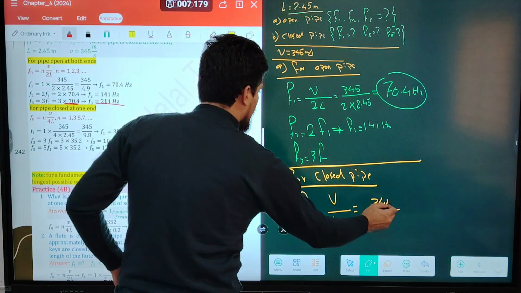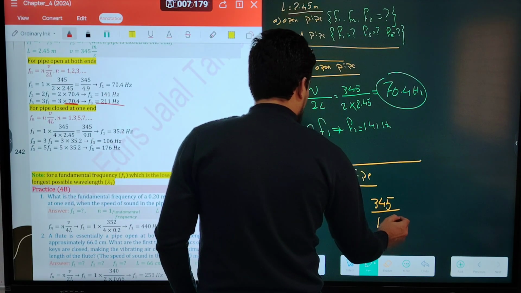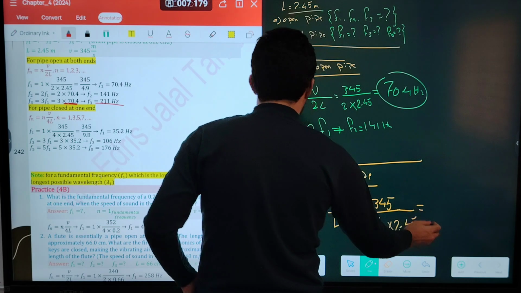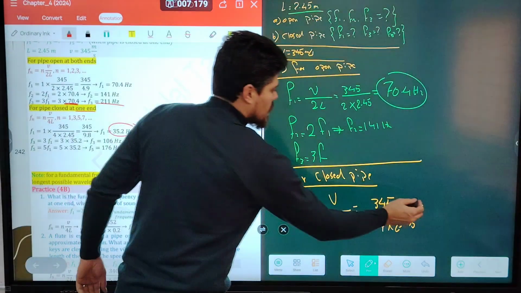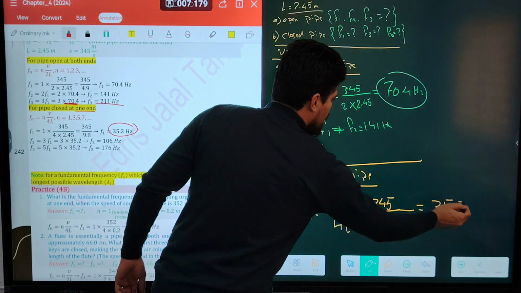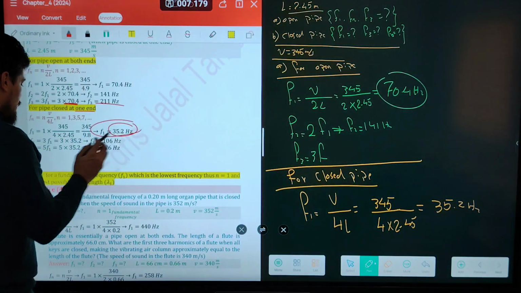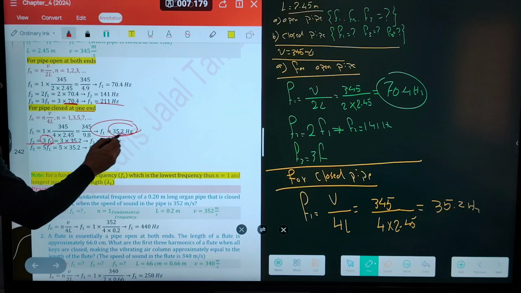V is 345 divided by, for the same length, 2.45 times 4. F1 for the closed end is equal to 35.2 hertz. This is F1. What about F3? It is equal to 3F1, 3 times this number. F5, 5 times this number.